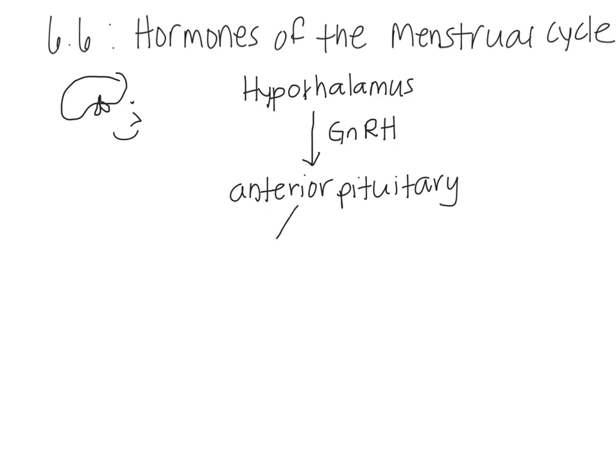The 2 main hormones it's going to produce are called LH, or luteinizing hormone, and FSH, which stands for follicle stimulating hormone. Follicle referring to the egg structure. Both of these are then going to act on the ovaries.